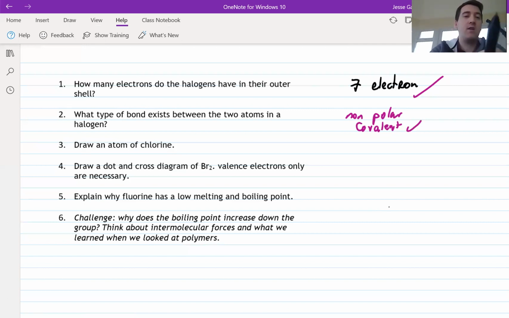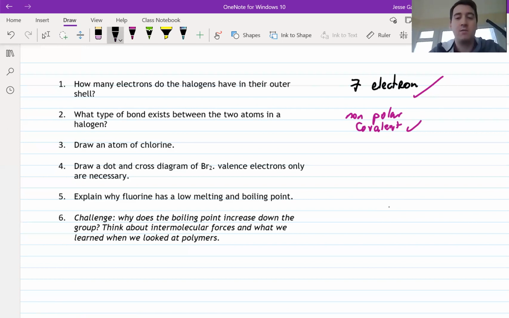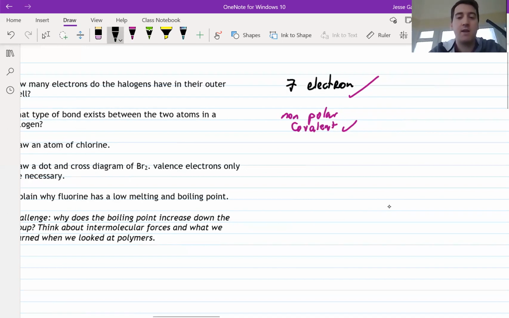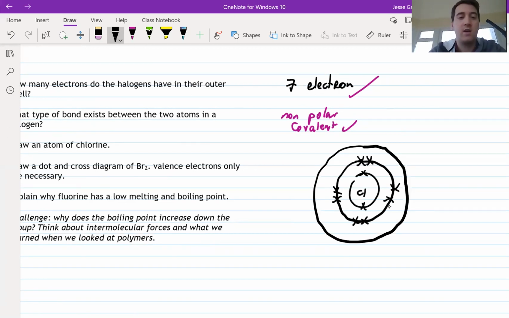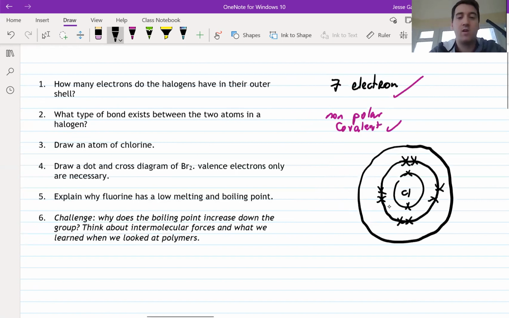Draw an atom of chlorine. So this should be just a Bohr atom, guys. So you should have Cl in the middle. That's your nucleus. You've got 2 electrons in the first shell. You've got 8 electrons in the second shell. I'm going to draw them in pairs. It just makes it easier to keep track of them. And there is 8, and then you've got 17 altogether in chlorine.